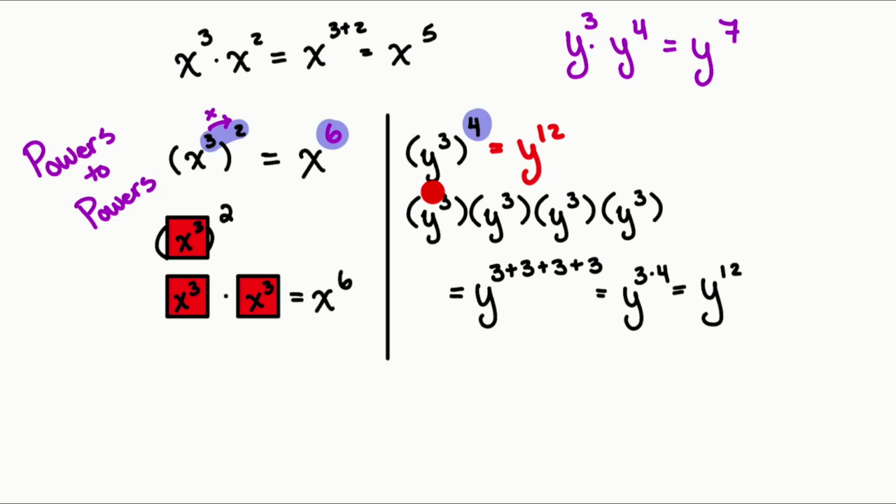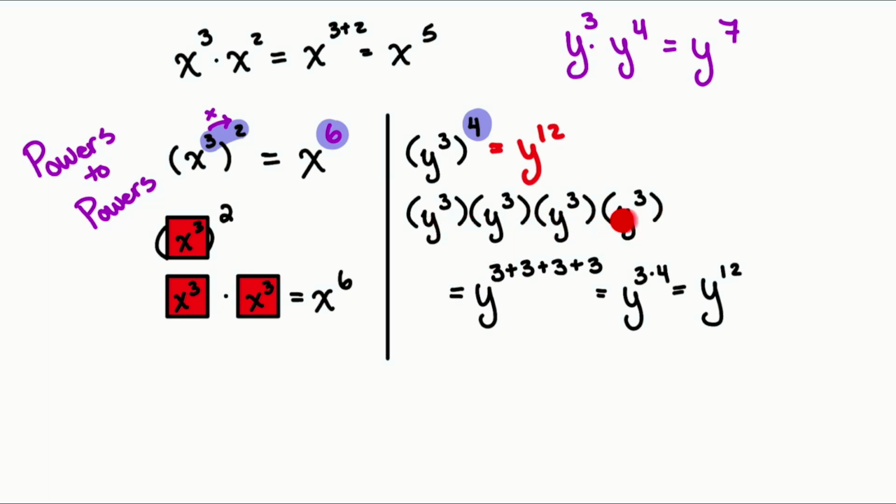This is different because here you're saying y to the power of 3 all to the power of 4. So this whole thing to the power of 4. What that tells us to do is, hey, whatever this is right here, multiply it by itself 4 times. Y cubed, y cubed, y cubed, y cubed.